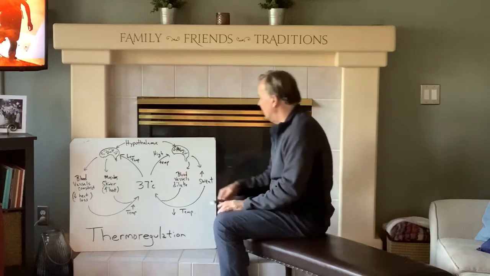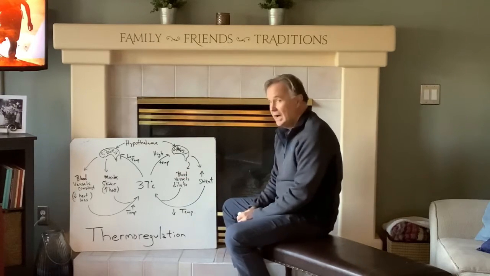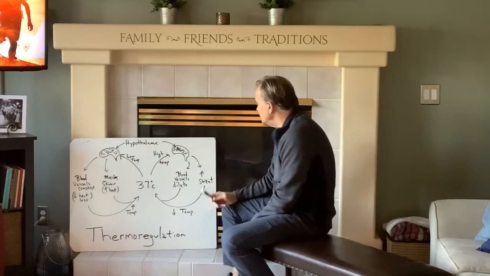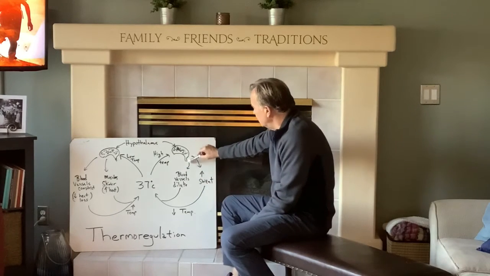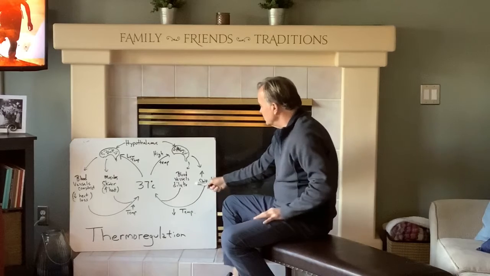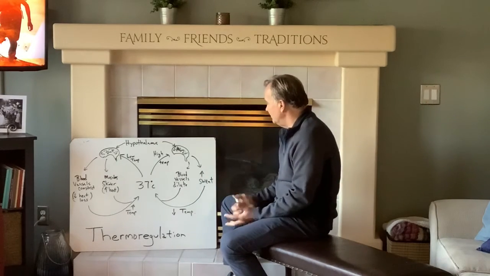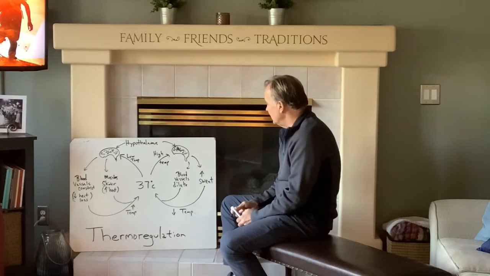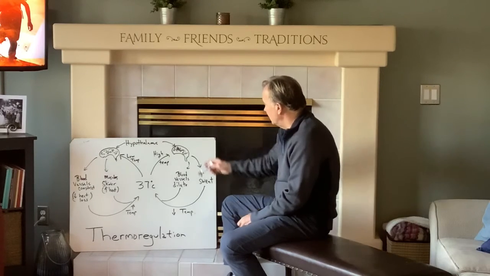On the other example here, if you get too high a temperature, so you start to overheat a little bit, again you tell your hypothalamus, and the hypothalamus then will send nerve impulses to your blood vessels, and they will dilate. So you will get kind of a flush or a reddish color to you because you want to dissipate that heat. So that allows heat to leave your body. And then of course it causes an increase in sweat.